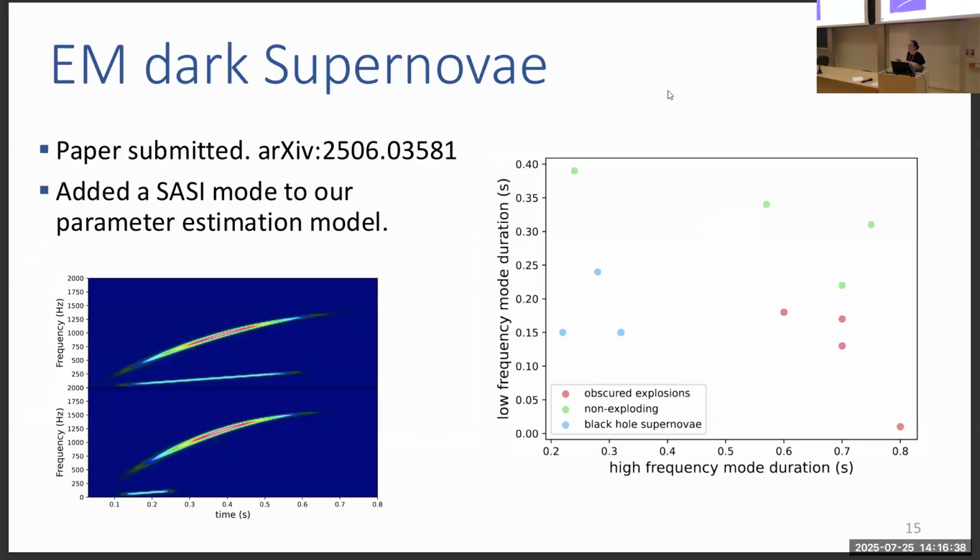So I also have a paper that's submitted and not published where I looked at different kinds of cases where you might get a gravitational wave signal and a neutrino signal, but miss the electromagnetic emission. So I considered maybe it's just obscured, maybe it just didn't explode and it formed a black hole a long time later, and maybe you get some weak transient that we just missed.